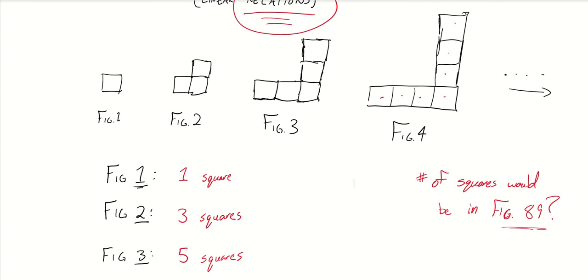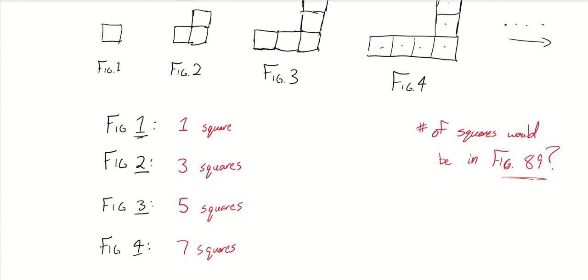So what we need to do is find a relationship between the figure number and how many squares we see. One thing we can notice is that jumping from one figure to the next, and for some reason I can't switch my pen to black here, so I guess I'll be stuck in red, we're always going to add 2 squares, right?